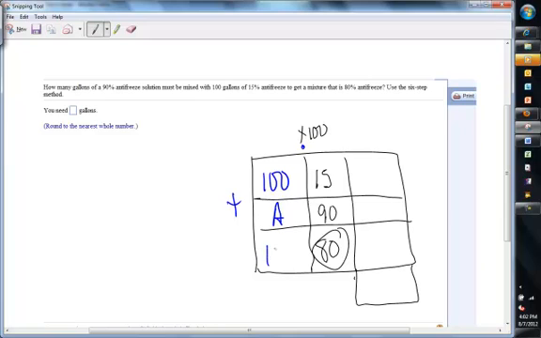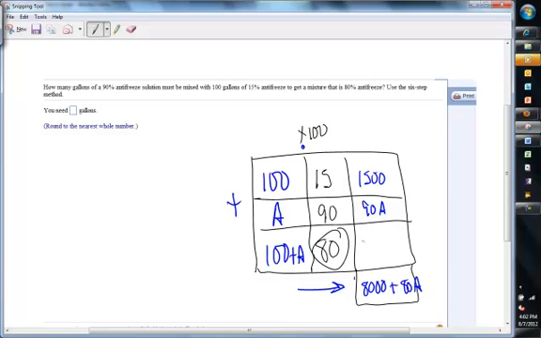Well, this number here is 100 plus A. 100 times 80 is 8,000 plus 80A. Remember, you write the total multiplying going across there. We multiplied those two together. This 15 times 100 is 1,500, and this is 90A.